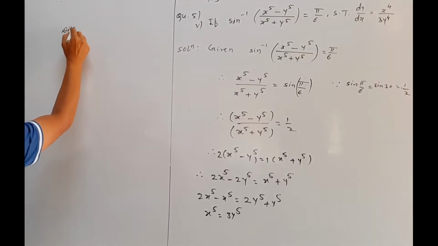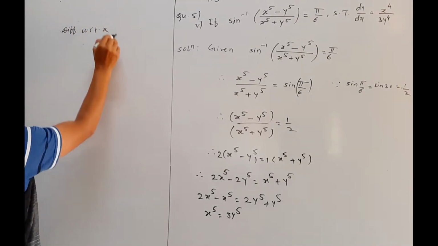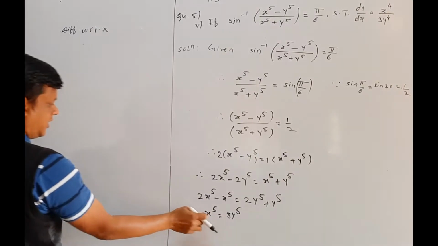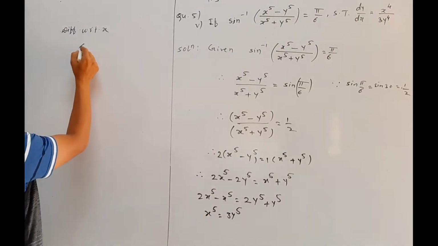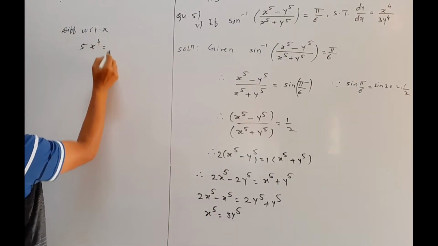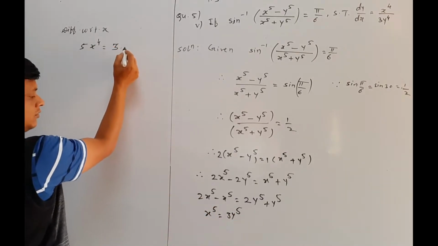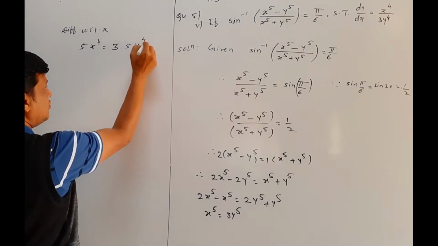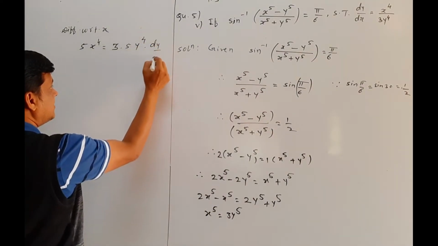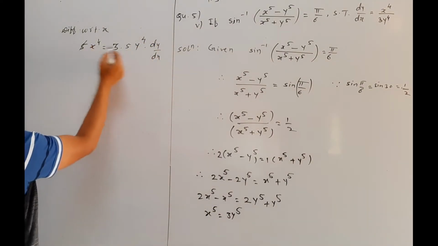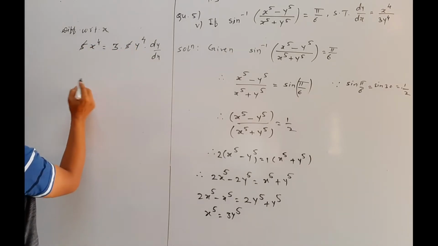Now differentiate with respect to x. So here derivative of x^5 is 5 into x^4. Here derivative of 3y^5 is 3 into 5 into y^4 into dy by dx. So here 5 gets cancelled, we transfer 3 and y^4 also to left hand side.